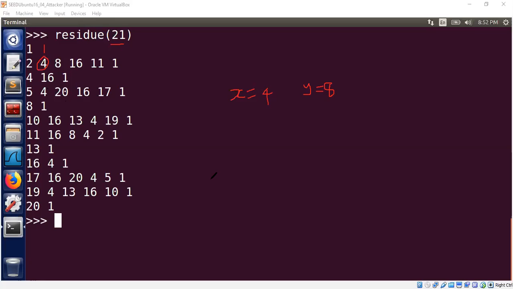Therefore, if x belongs to the quadratic residues and y is not part of the quadratic residues, then x times y is not an element of the quadratic residues. This is an important property we need later when we build a crypto system based on properties of quadratic residues.